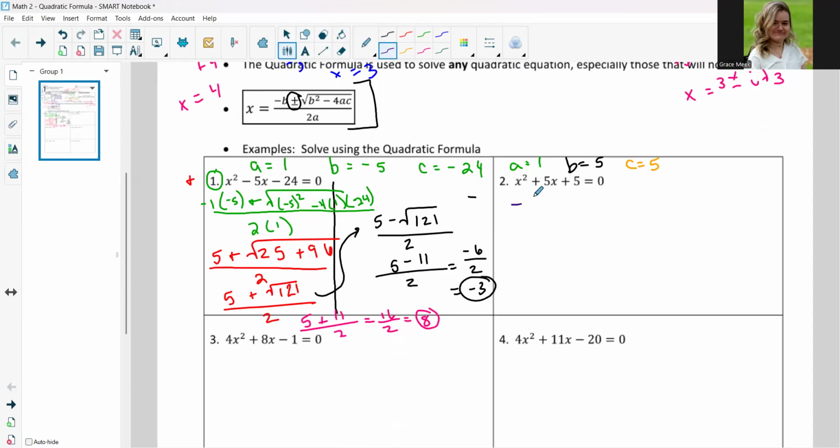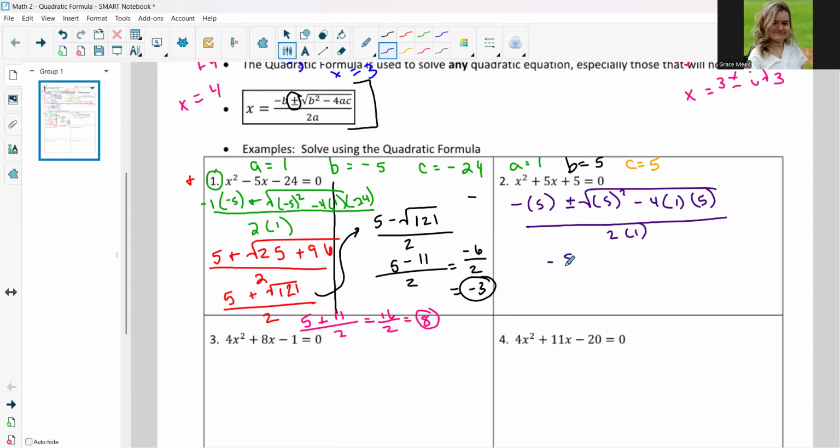So I'm going to have negative times 5, because this time it's not negative, plus or minus the square root of 5 squared minus 4 times 1 times 5, all divided by 2 times 1.